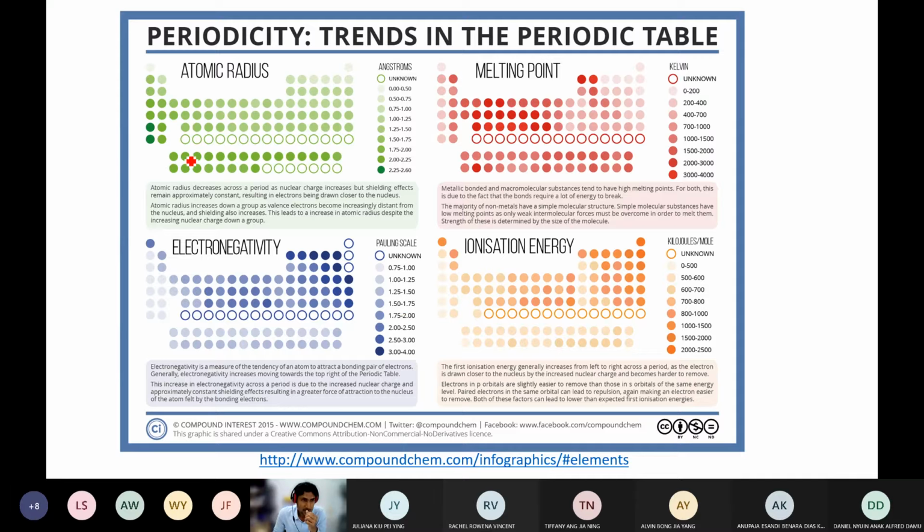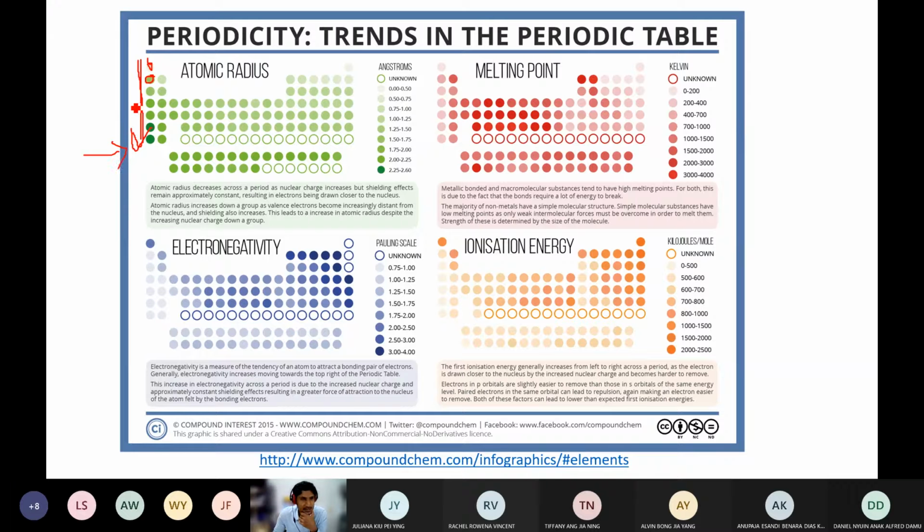So now if we look here, the atomic radius increases when we go from top to bottom. Let's say hydrogen, it has only one electron.